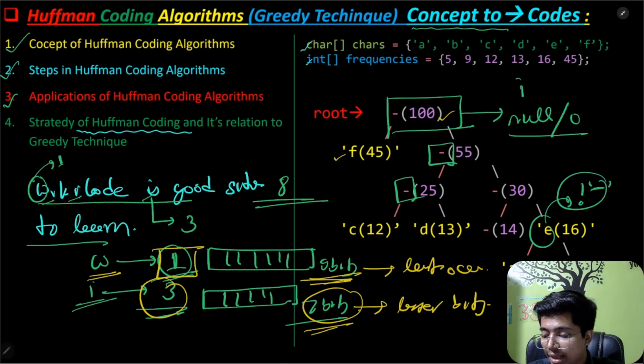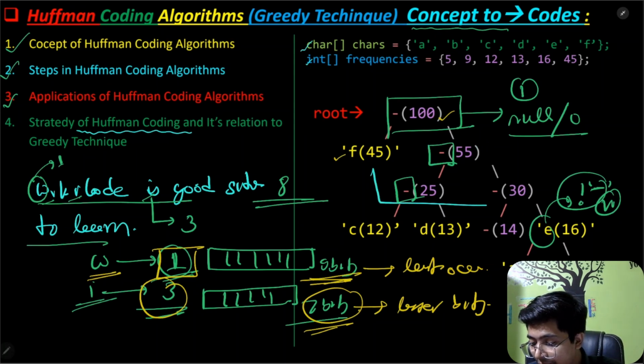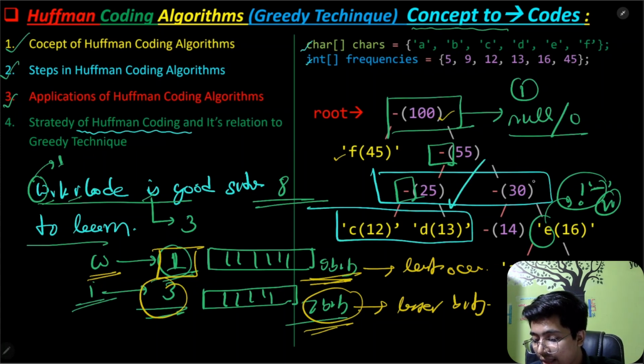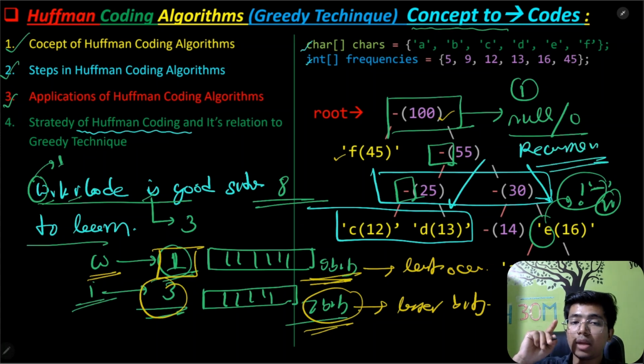First we'll check this criteria, then this criteria, and then this. Just observe it, all the patterns are the same, both on the left side and the right side. So for that we'll use recursion, and whenever we use recursion, we provide a base case.